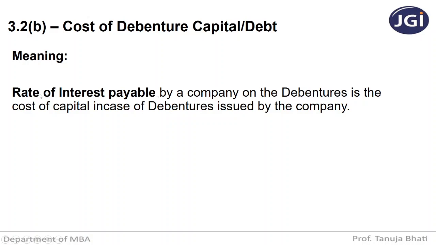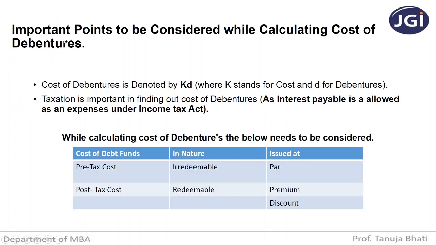So let us understand, the rate of interest payable by a company on the debentures is the cost of capital in case of debentures issued by the company. This we have already seen in our basic concepts of cost of capital. Now, whenever we are going to calculate the cost of capital in case of debentures, there are certain important aspects that one has to consider.